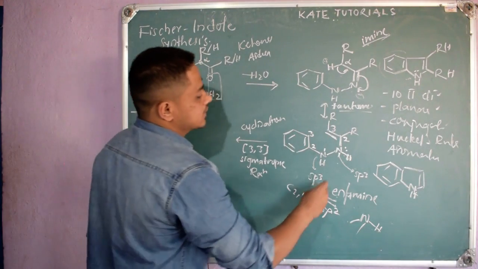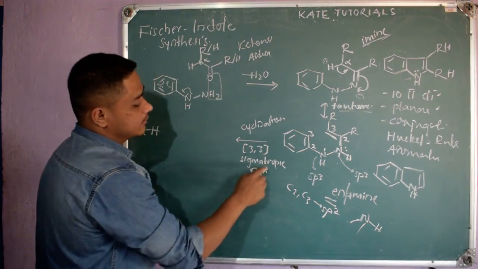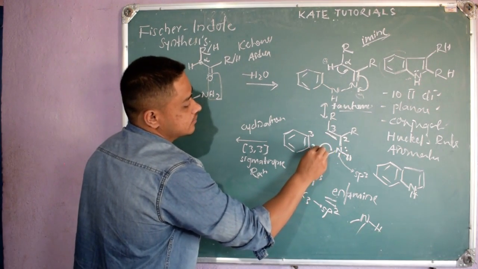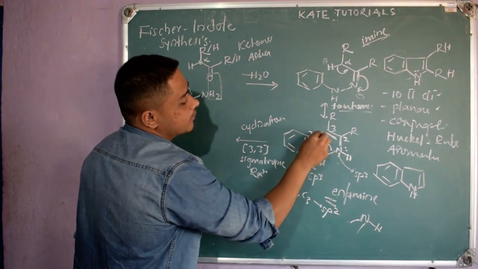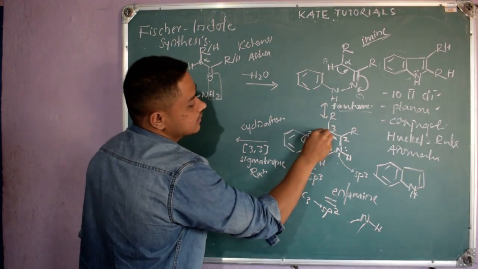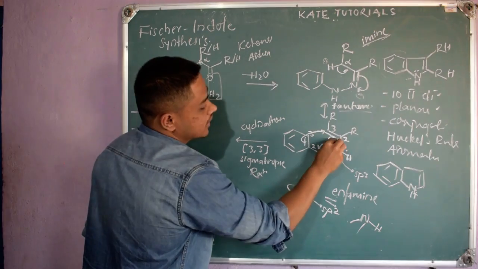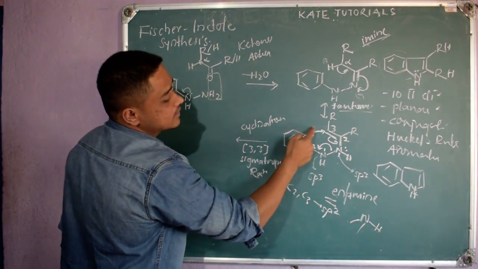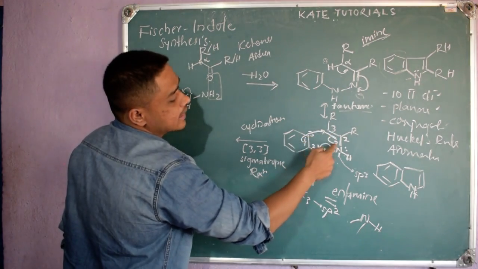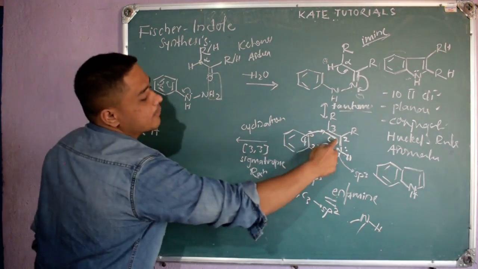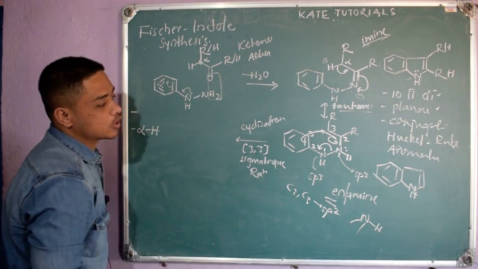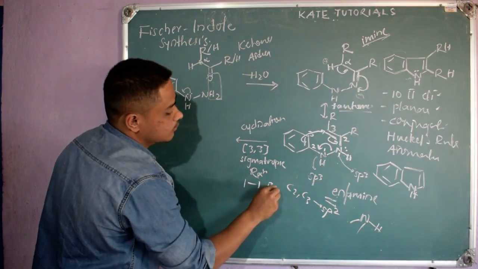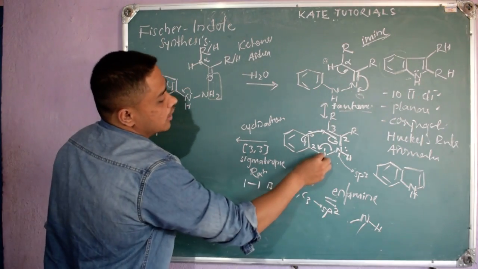What happens in a 3,3 sigmatropic reaction? The 1,1 bond is broken like this and the 3,3 bond is formed like this, and this pi bond shifts here. So a sigma bond became a pi bond, a pi bond became a sigma bond, and this pi bond shifted. So in a sigmatropic reaction, the 1,1 bond breaking happens.